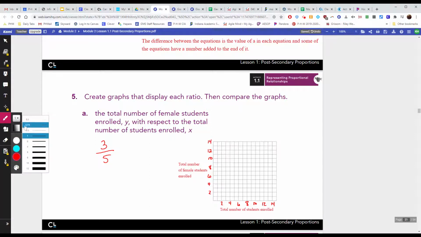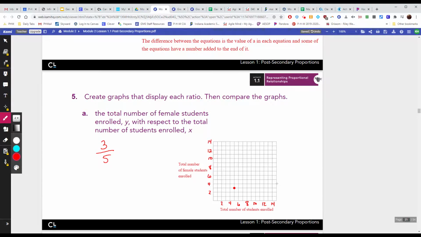So we can actually plot that point. 5 total right here. 3 of those are girls. So that would be this point right here. And actually, if we were to flip back at some of the pages where we use this same ratio, on page 9, problem number 1, part A, it said if there were 15 total students, which would be here at the end of our graph, we used a proportion to determine that 9 of them would be female.